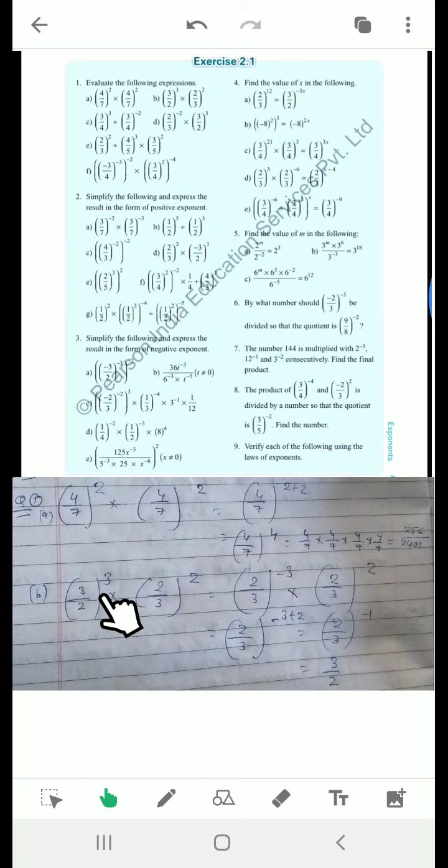So this positive power will be converted into negative. Now you can see that the bases are the same. Now if the bases are the same and multiplication is there, then the powers will be added. So it will be minus 3 plus 2, which is minus 1, then 2 upon 3 power minus 1. If the exponent is negative, then again we convert it into positive, so it will be 3 upon 2 power 1. So 3 upon 2 is the answer.